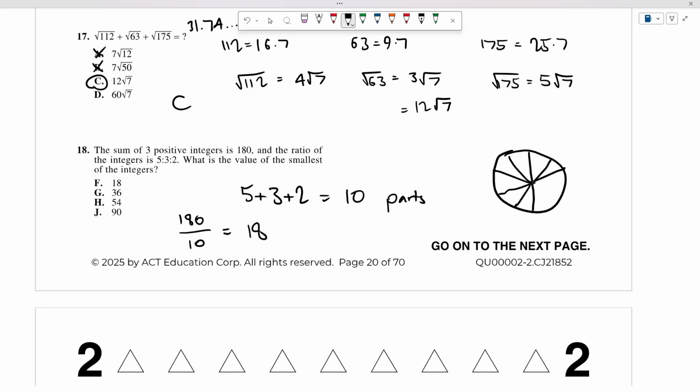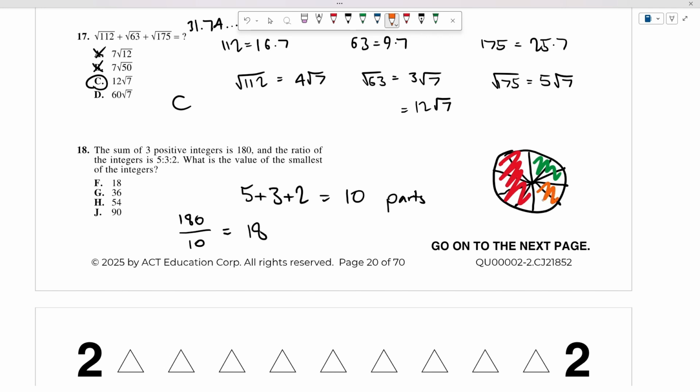One of our parts is going to be this half of the pizza, that 5. One is going to be this 3. And one of our integers, I'm sorry, I've been saying parts, I mean integers, is going to be these 2 slices.